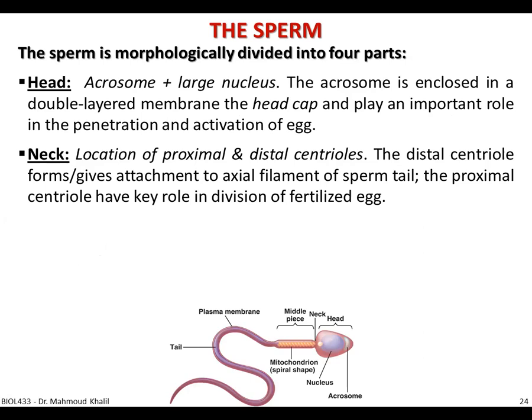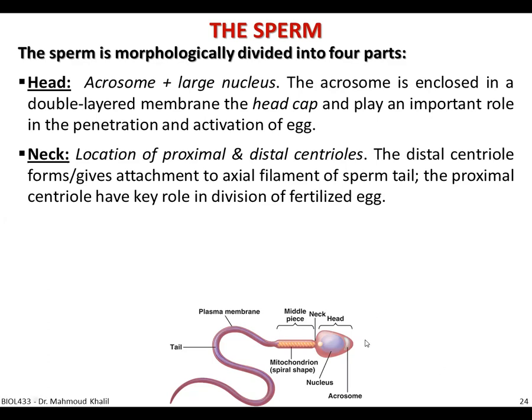As you can see from the figure, the first part is the head, and the head consists majorly of two regions, the acrosome and the large nucleus. This acrosome is enclosed in a double-layered membrane, and it needs to be protected, because the acrosome contains a lot of lytic enzymes that help the sperm to penetrate inside the ova.